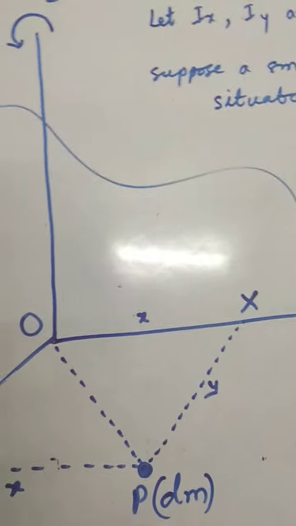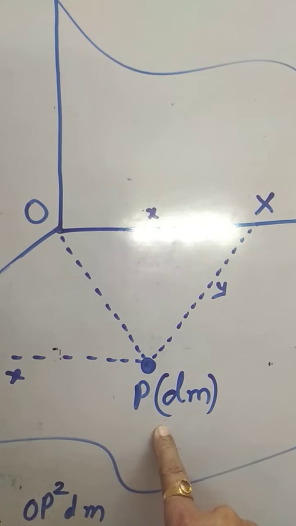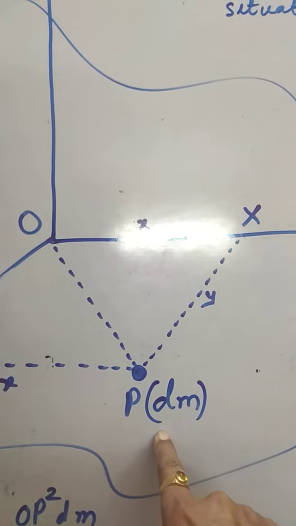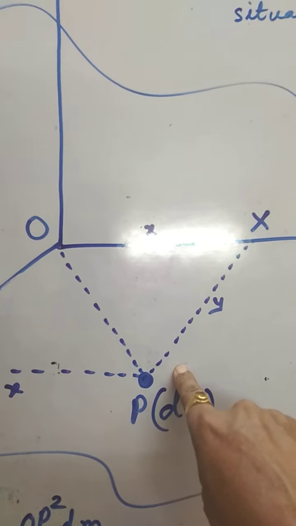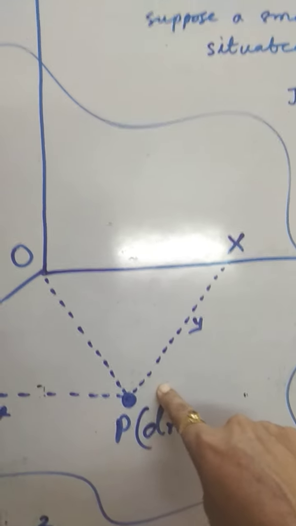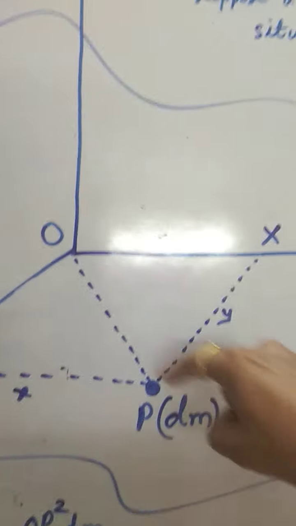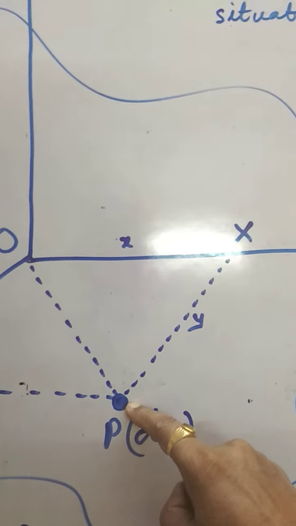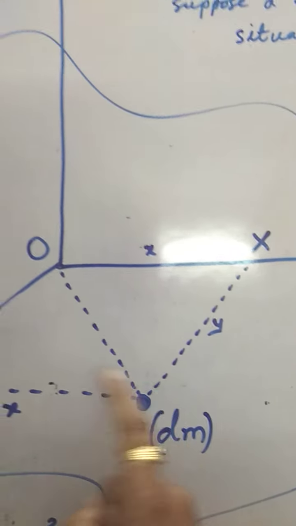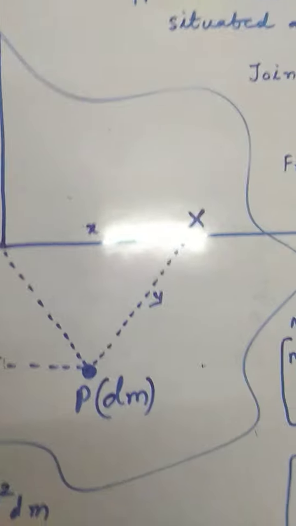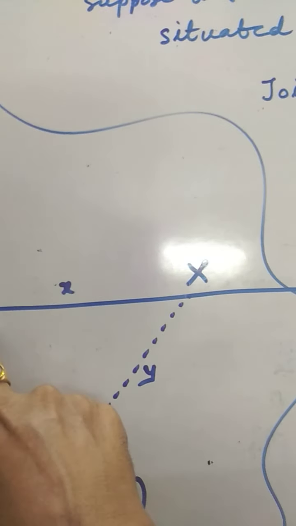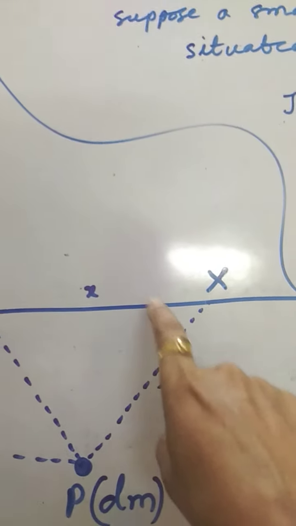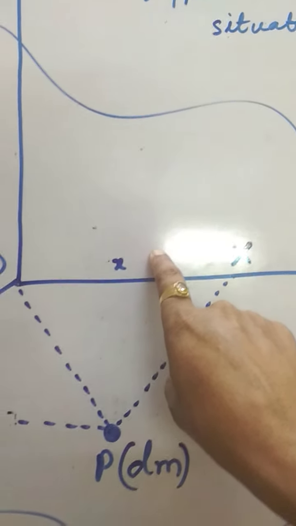Now suppose here a small element of mass dm situated at point P. Then join OP and draw a perpendicular from point P on x-axis and on y-axis. So in this way, this distance OX is represented by x.